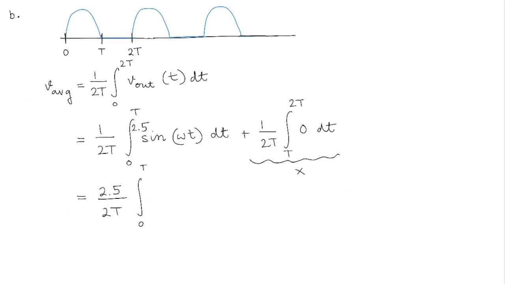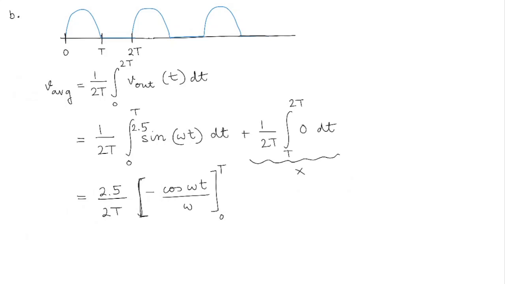And what's the integration of sine omega t? If you remember, it's going to be minus cos omega t over omega. That's your integration. I should take away this integration sign, because it's no longer an integration. And let's correct this and make it 0 to t.